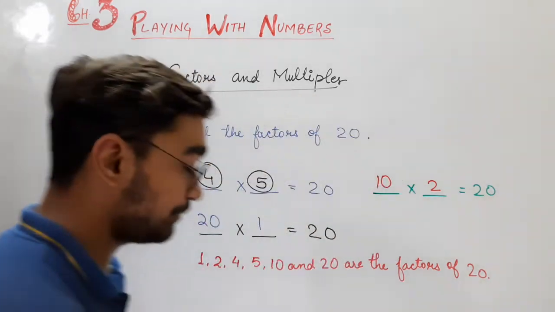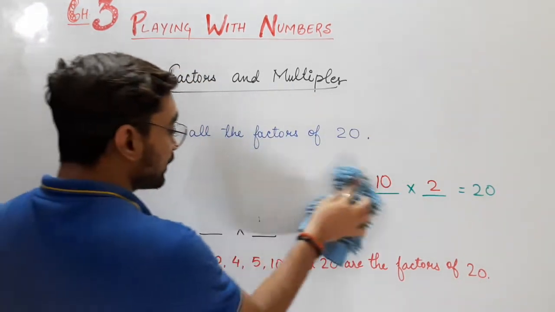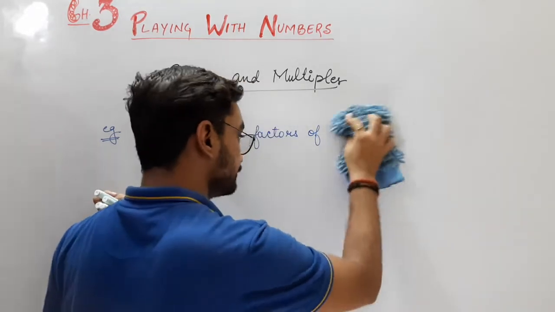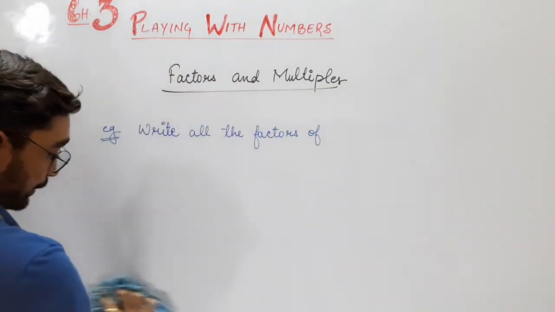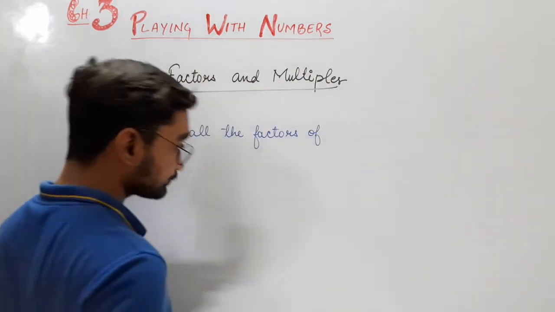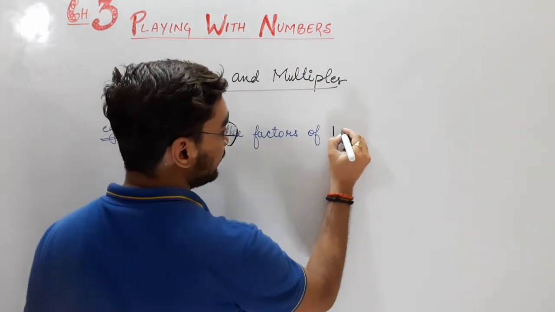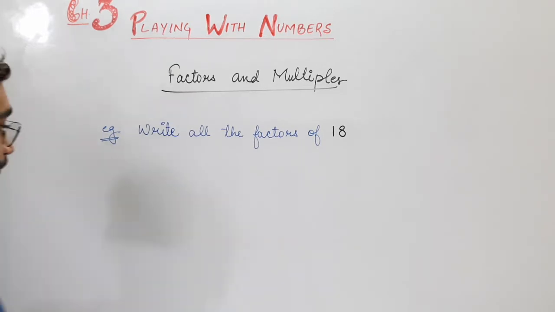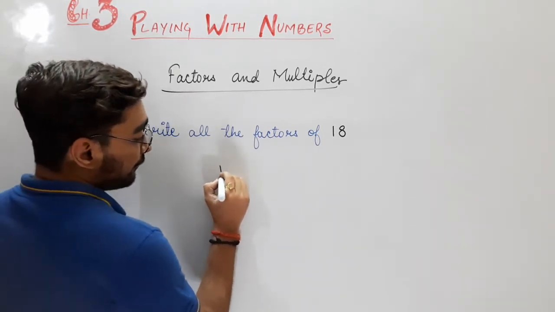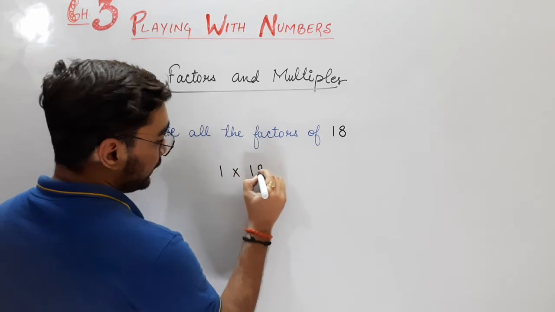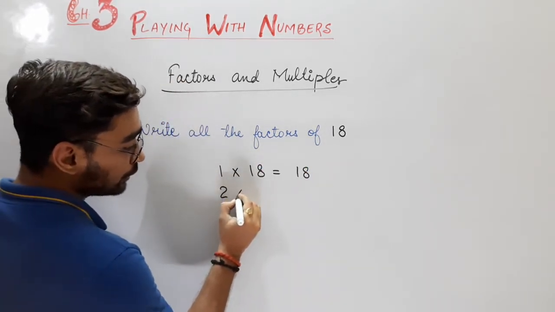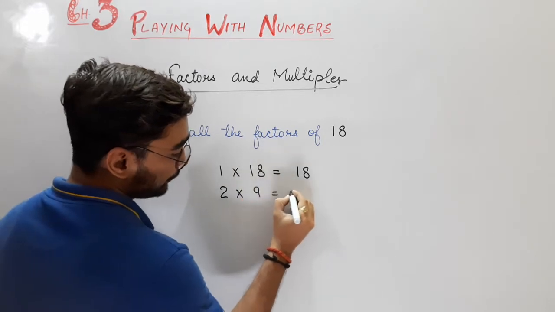Check one more example. If I'm saying, write down all the factors of 18. First, it will always be 1 into 18, which will give you 18. Now, what about 2? 2 nines are 18.